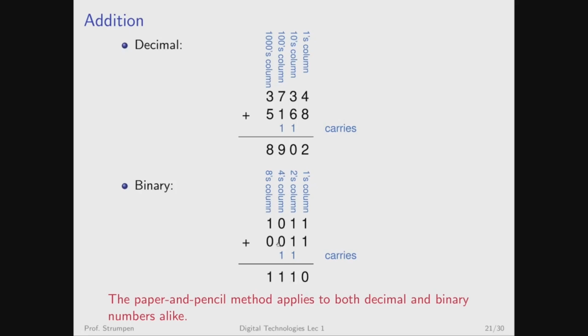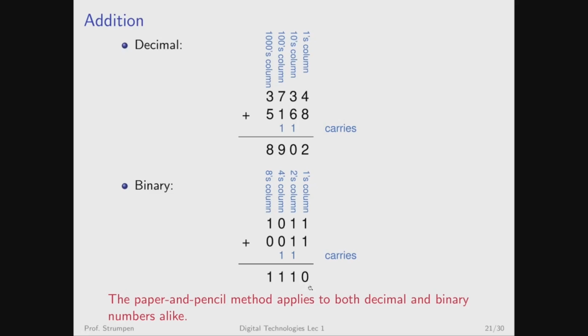The 4th column now at 0, 0, 1 is 1. That is 1 bit without generating a carry, and the 8th column has 1 plus 0, 1 again without generating a carry. So the sum of 1, 0, 1, 1 and 1, 1 is 1, 1, 1, 0.